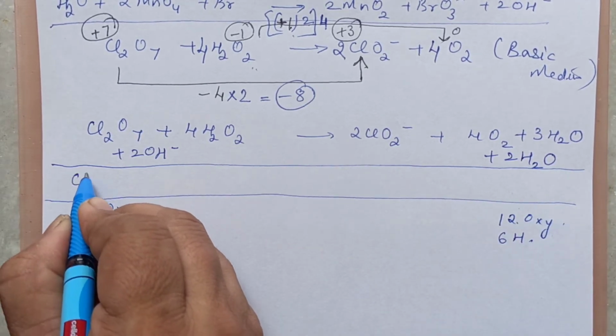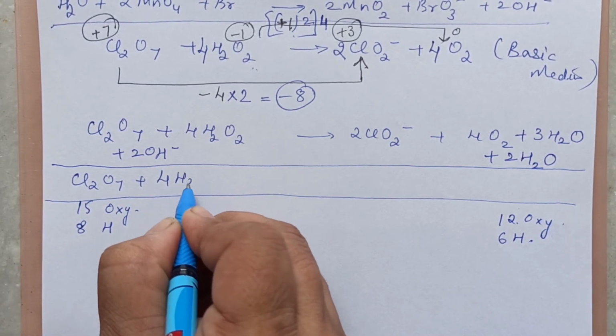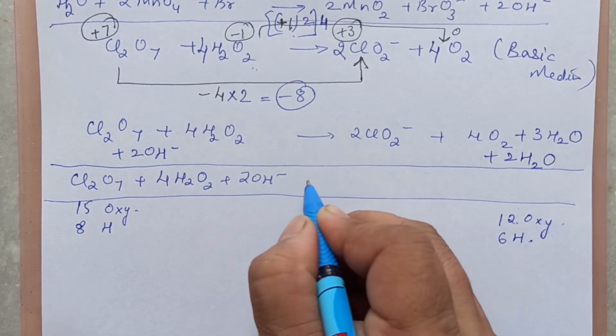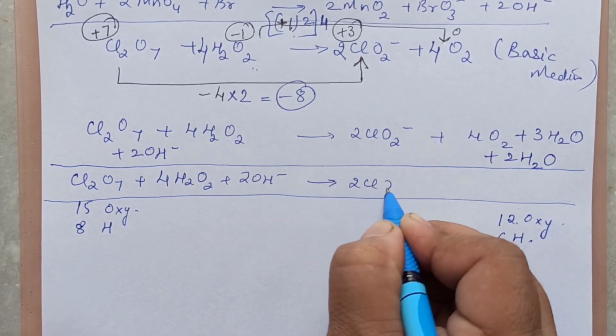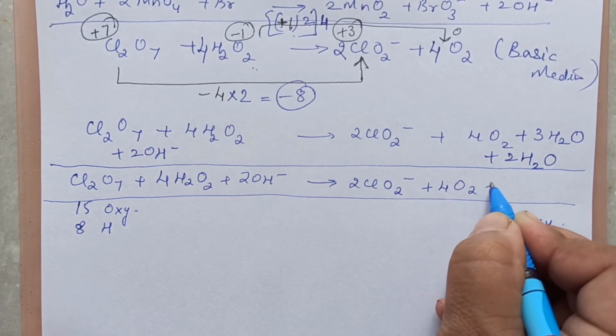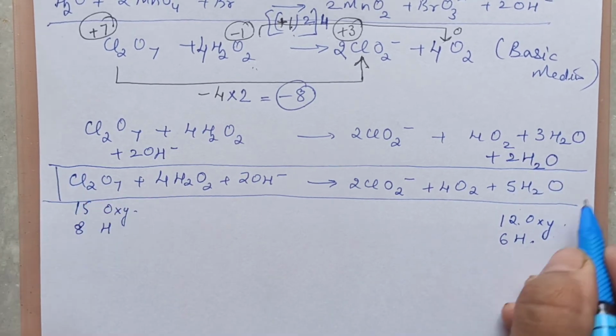So I will write it as Cl2O7 plus 4H2O2 plus 2OH minus forms 2ClO2 minus plus 4O2 plus 5 water molecules. That's it. Your equation is balanced.